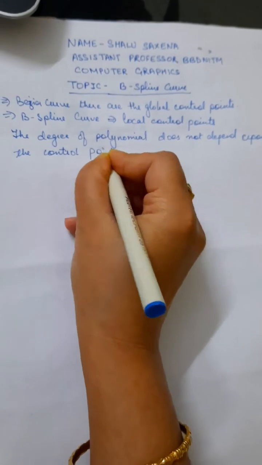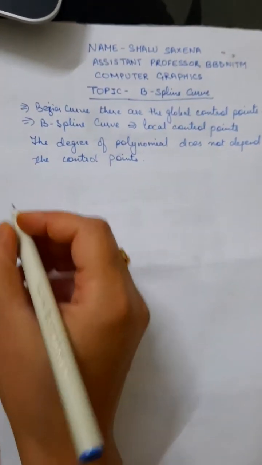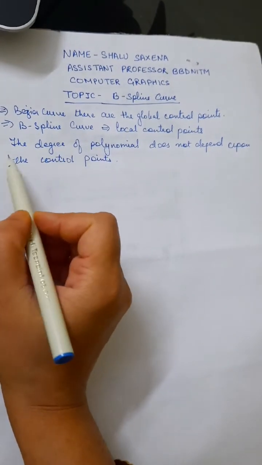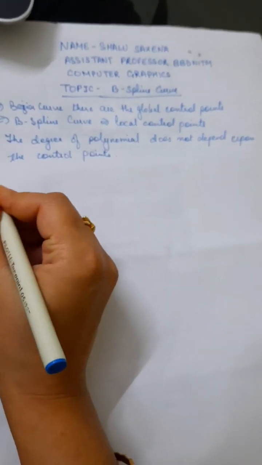So let's see how. We are taking an example to see how this polynomial does not depend upon the control points. Let's see an example.